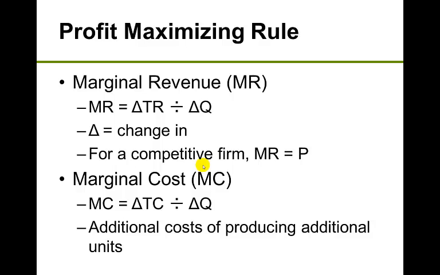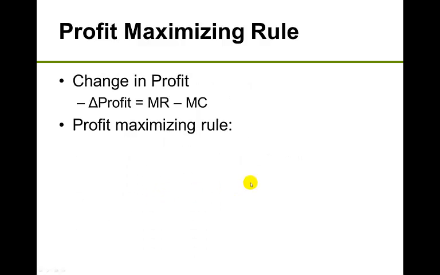Marginal cost is if you decide to sell a little bit more, how much would your costs change? If you decide to sell a little bit less, how much would your costs change? So if you put marginal revenue and marginal cost together, subtracting off marginal cost from marginal revenue gives you the change in a firm's profit from changing its production a little bit.